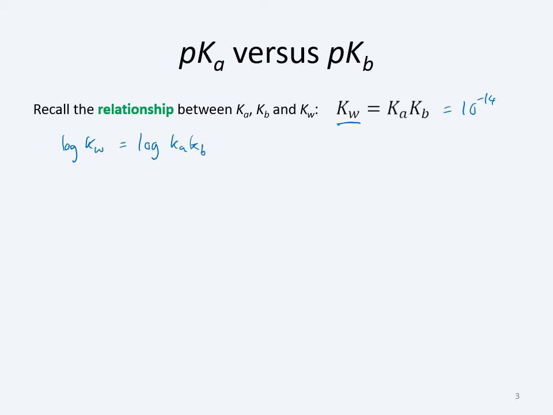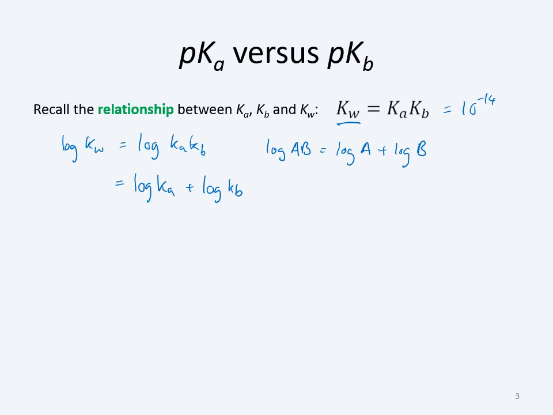Now, there's a law of logs that says if you have the log of A multiplied by B, that's the same as log A plus log B. That's a key law of logs that you can remember. Let's put that into practice here. We end up with log Ka plus log Kb.